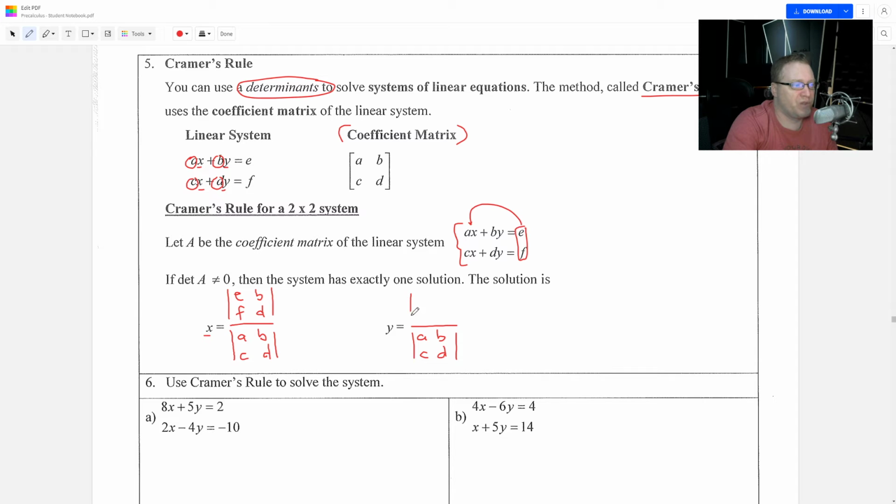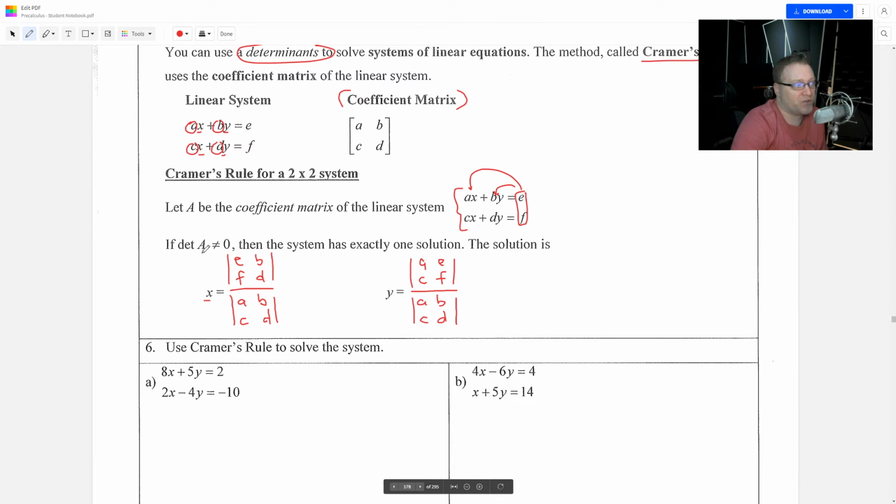And on the top, this time, for the x, we took away the x column and put the e, f. For the y, we're going to take away the y column and put the e, f in. So this one's going to be a, c, and then we're going to have e, f right here. Okay, so that's Cramer's rule.